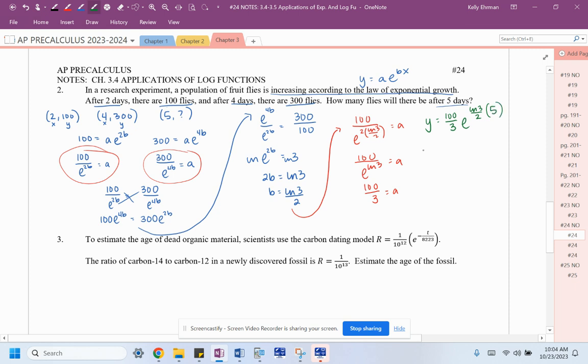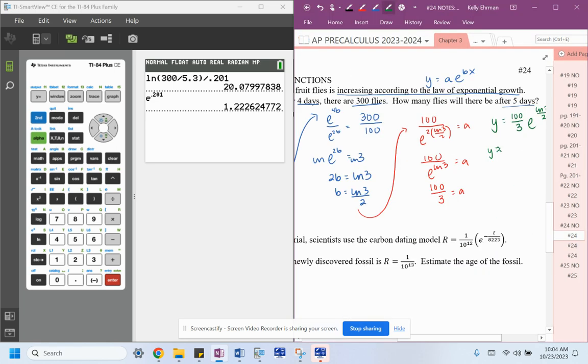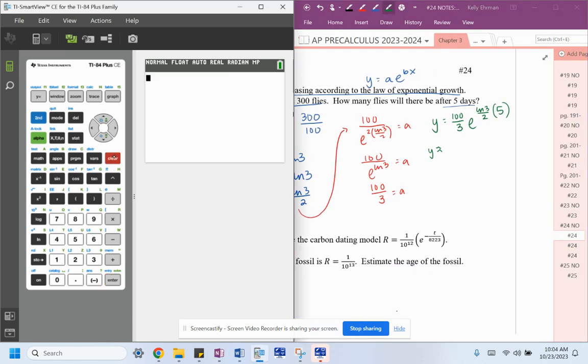All right. Now at this point, I'm going to use my calculator, and I just need to type this in carefully. So we have 100 over 3 times e to the, maybe we'll put 5 first, 5 natural log of 3, close parentheses, divided by 2.